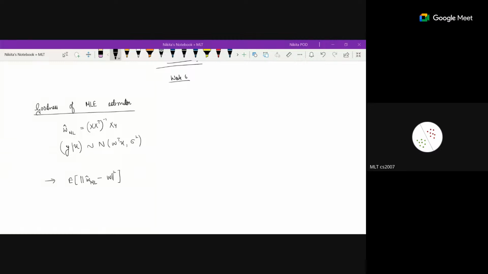W hat ML is a random quantity for us, because depending on what sample you take, you will get a different W hat ML estimate. So we are interested in checking how W hat ML and W vary. What's the expectation of the norm square of W hat ML minus W? How does it look?